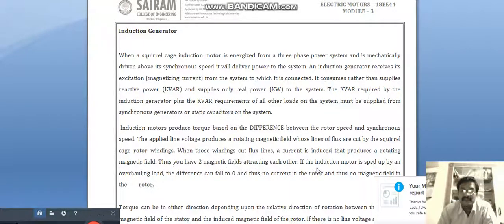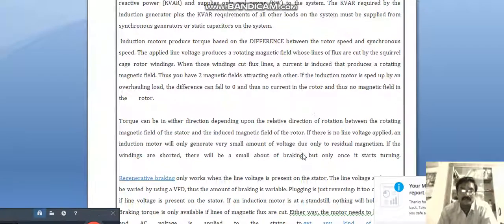Okay. If the induction motor is sped up by an overhauling load, the difference can fall to zero and there is no current in the rotor, thus no magnetic field in the rotor.